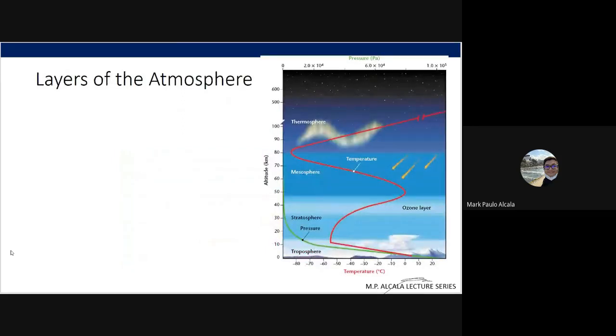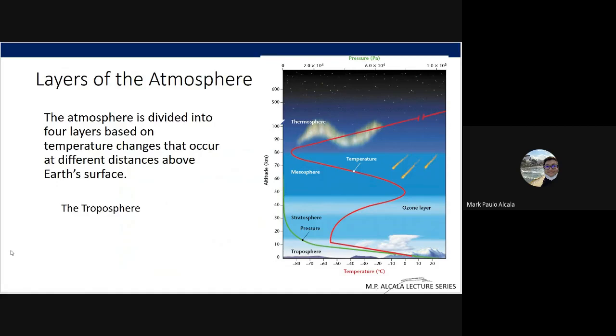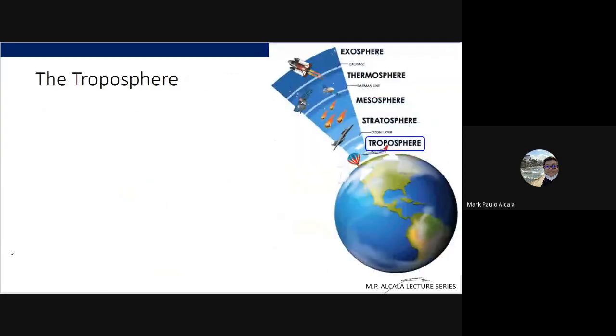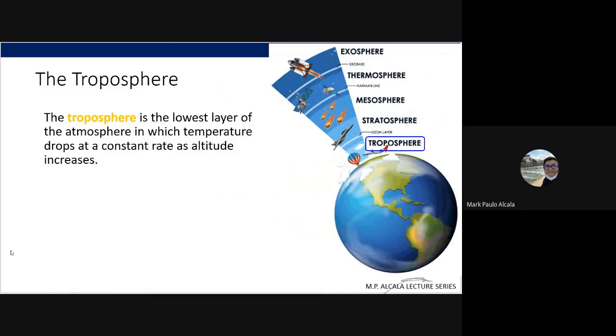Layers. Now, let's talk about the layers of the atmosphere. The troposphere, the stratosphere, the mesosphere, and the thermosphere. Now, what is the troposphere? Basically, the lowest layer of the atmosphere in which temperature drops at a constant rate as altitude increases.